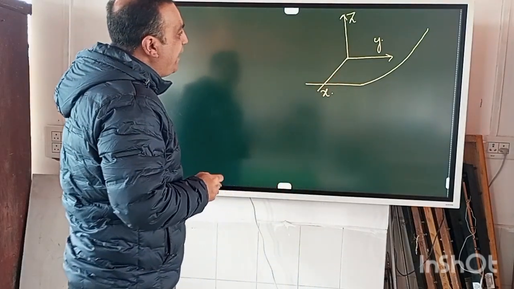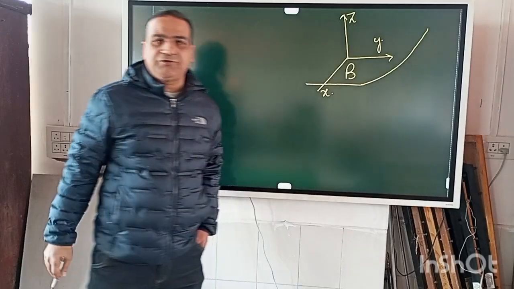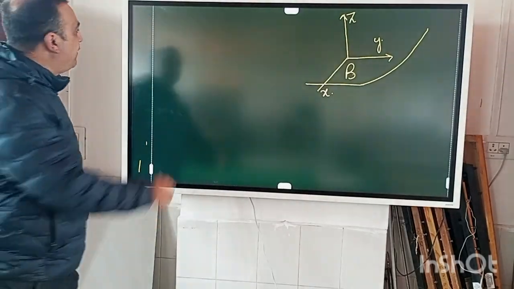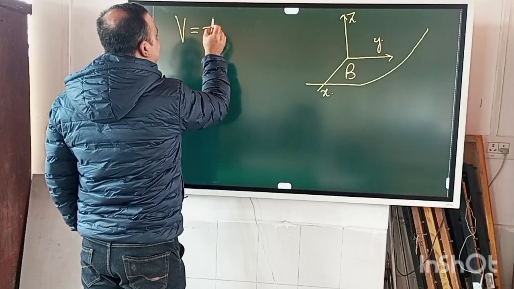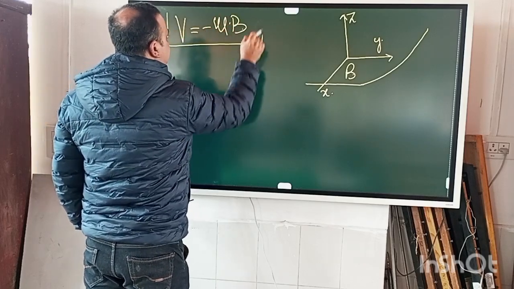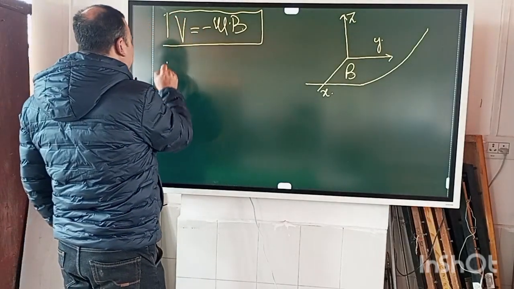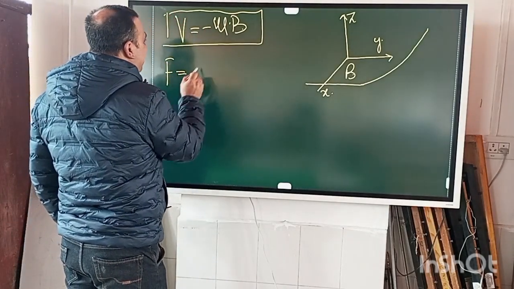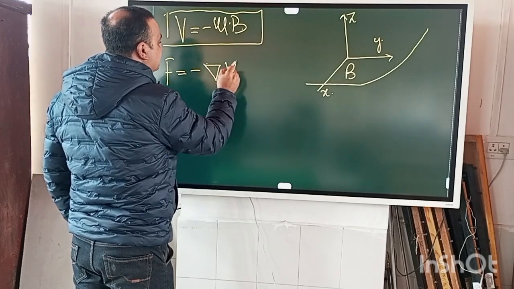So we are applying the magnetic field in the z direction. Let me write down that equation again: V is minus mu dot B. The force that this silver atom will experience will be minus del V.